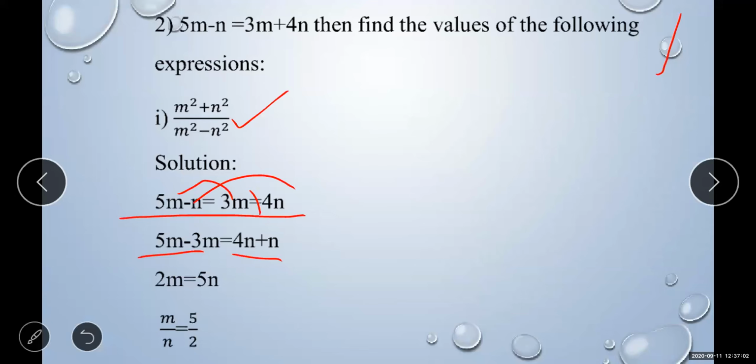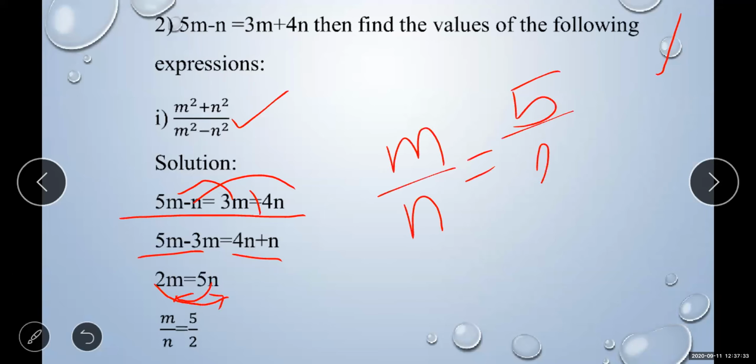So 5m minus 3m is equal to 2m, and 4n plus n is 5n. Now just take the ratio m upon n. This n is in multiplication on the right side, so on the left side it is in division. So m upon n, and this 2 is in multiplication, so on the right side it is in division. So 5 upon 2. Here we got the ratio m upon n is equal to 5 upon 2.